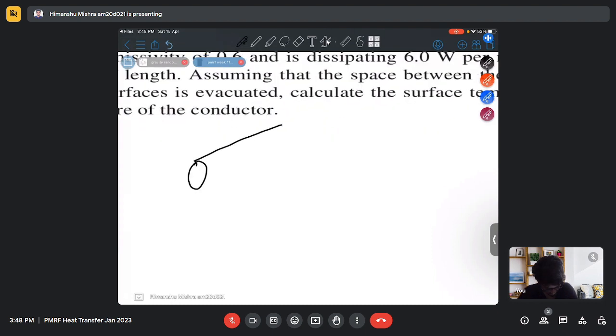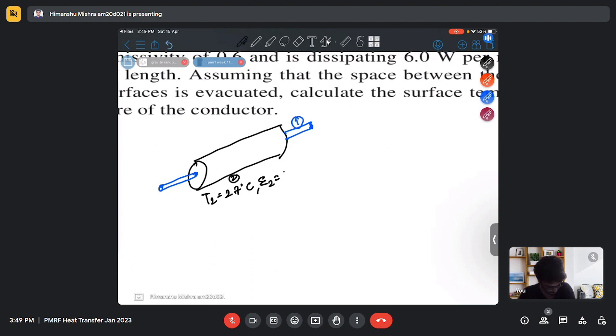So this is my cylindrical tube and this is my conductor, and we have given the temperature of the cylindrical tube as 27 degrees Celsius. Let's say this is surface 2 and this is surface 1.